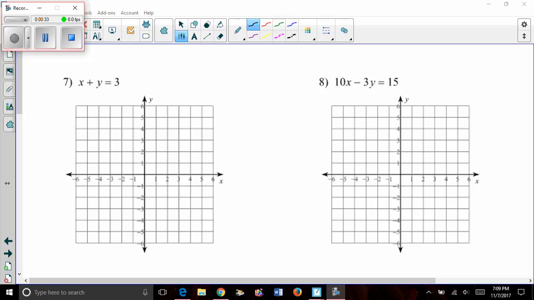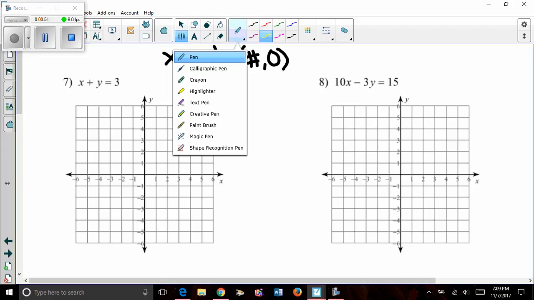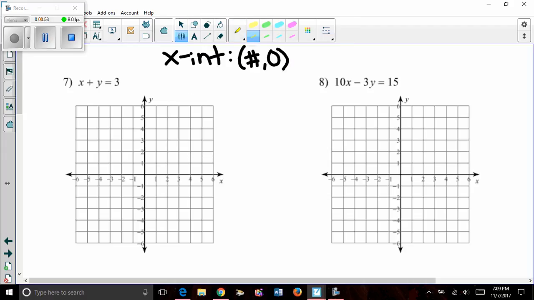First thing to note is that the x-intercept looks like a point where we have some number, comma, 0. That is because I want to put a point somewhere along this x-axis to be that intercept, where the line crosses the x-axis.